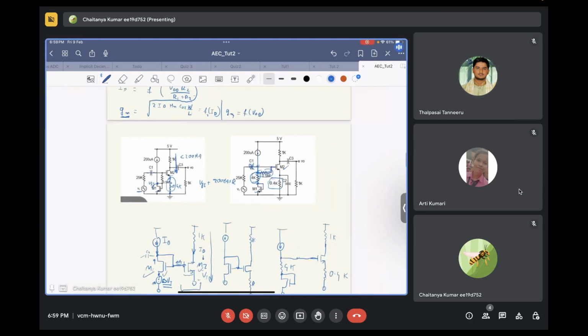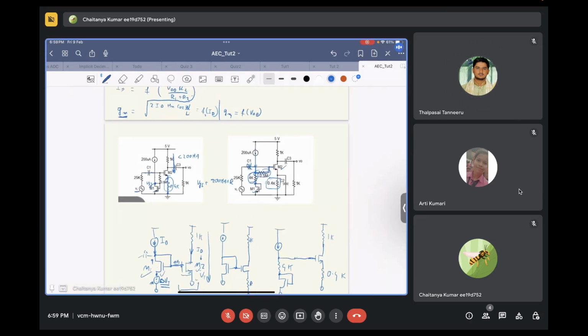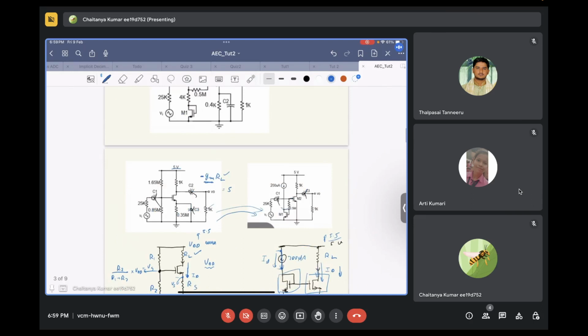So these were the incremental changes. The first circuit was susceptible to both VT and VDD variation. The second circuit became susceptible to VDD variation and systematic variation in VT. Systematic variation means the same variation occurs in both M1 and M2.